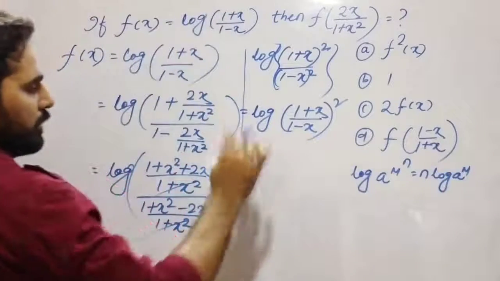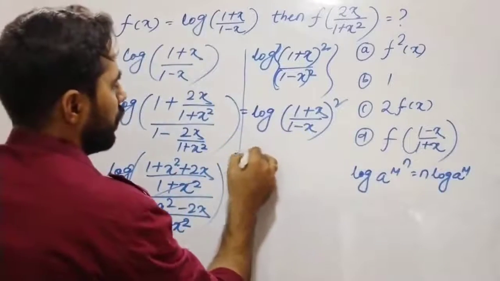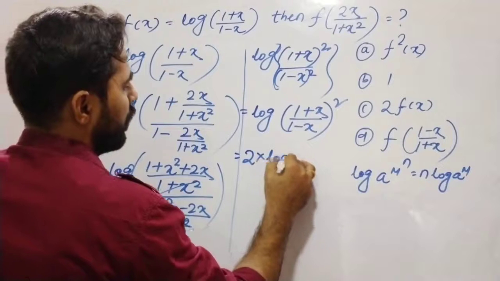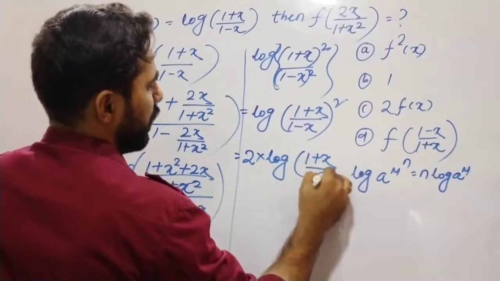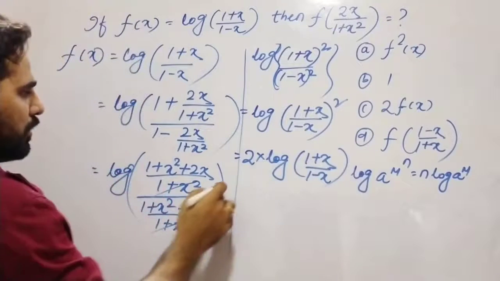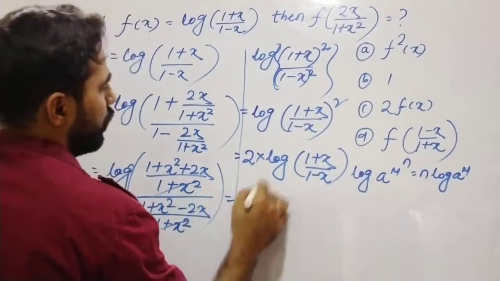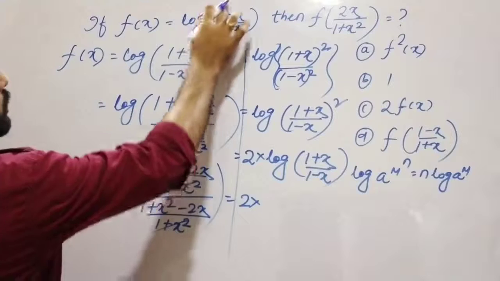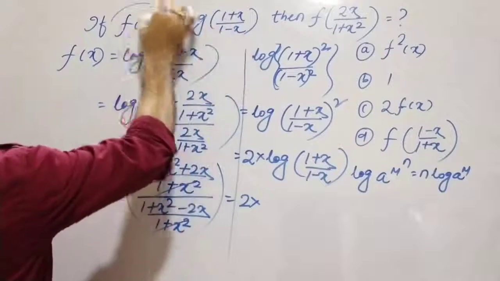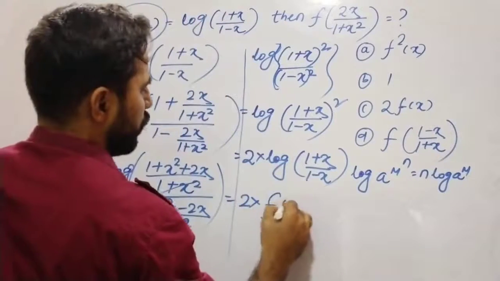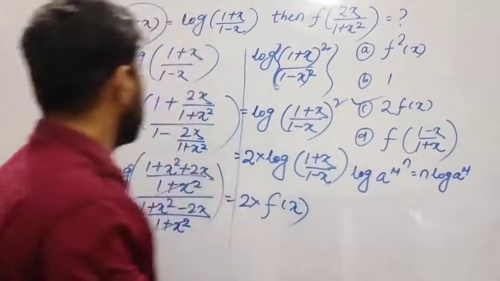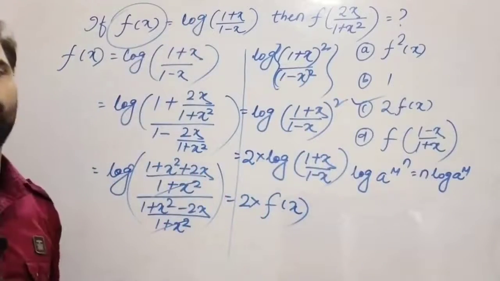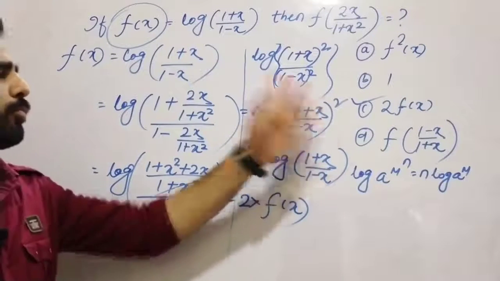By applying the power law, 2 into log of (1 plus x) divided by (1 minus x). So 2 into log of (1 plus x) divided by (1 minus x) is 2 into f of x. The answer is 2 into f of x, option 3.